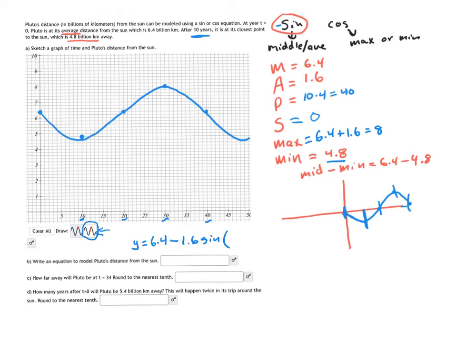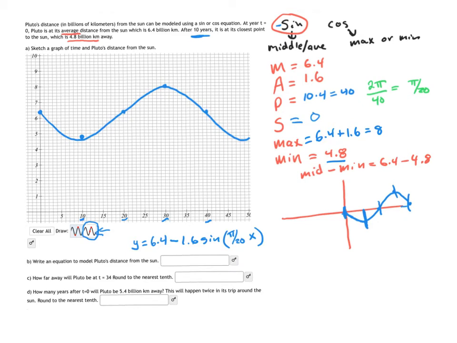Now, to find my b value, all I need to do is take 2 pi divided by the period. So 2 pi divided by 40 is going to be pi over 20. And you should leave that as pi over 20 and not write it in as a decimal. And then we just have to multiply that times x. So that's what my equation is going to look like.